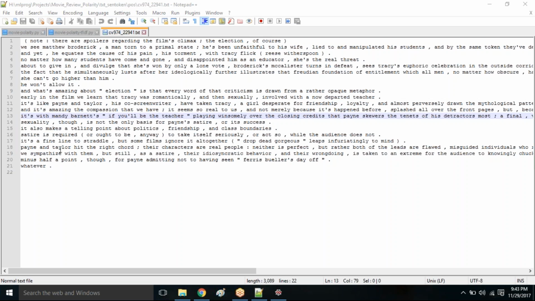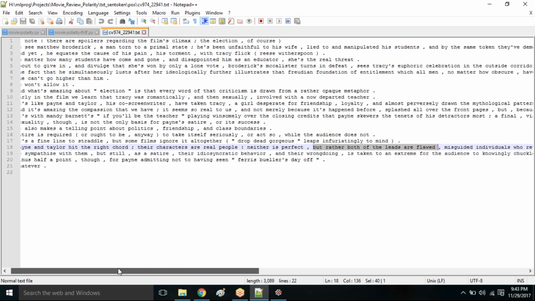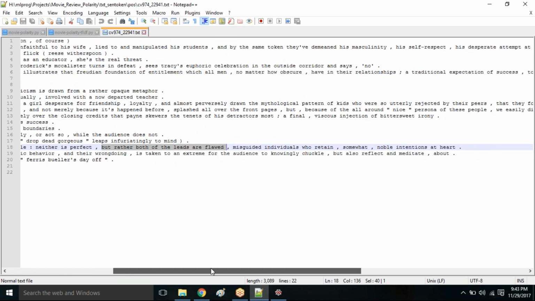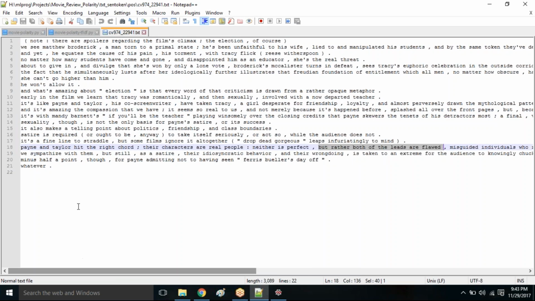If you read this, their characters are real people, neither is perfect, but both of the leads are misguided individuals. I mean, this is like the plot they are talking about. But what's amazing about Election is the word of that.